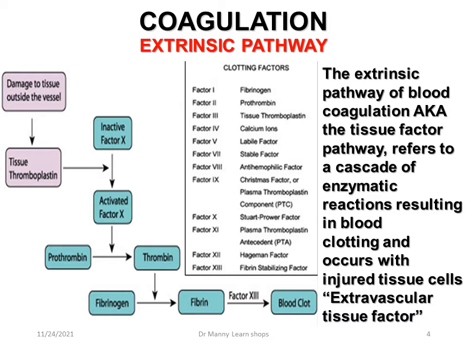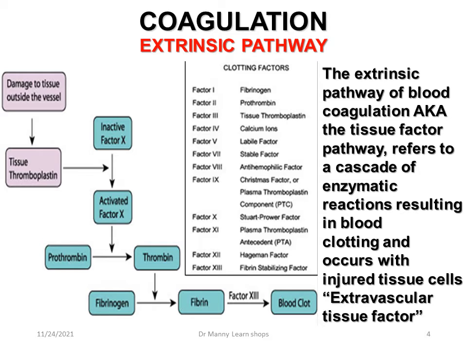Now, the coagulation pathway can be either extrinsic or intrinsic. The extrinsic pathway for blood coagulation is also known as the tissue factor pathway, and it refers to a cascade of enzymatic reactions resulting in blood clotting in conjunction with injured tissue cells.